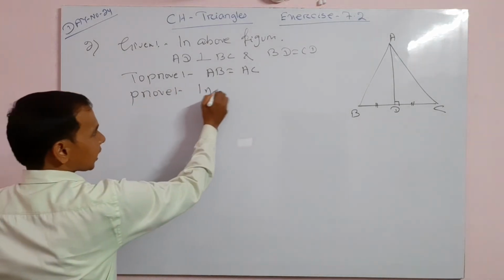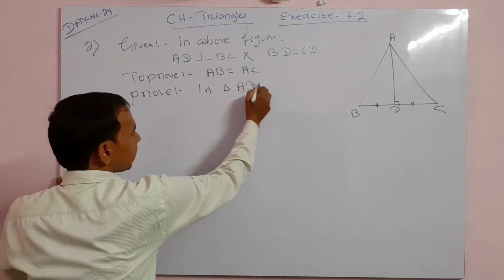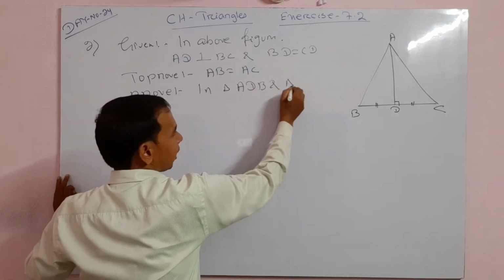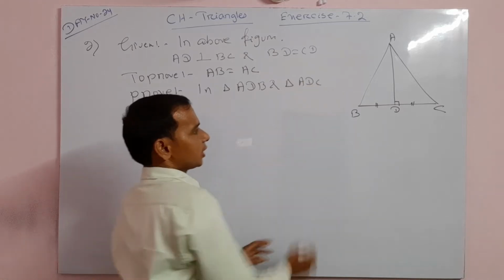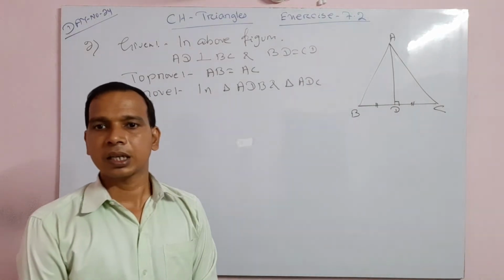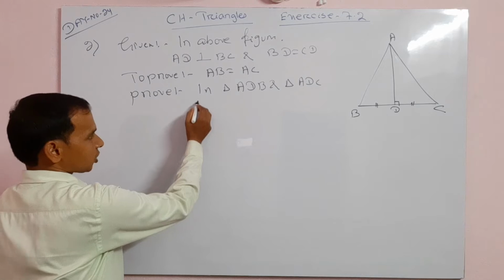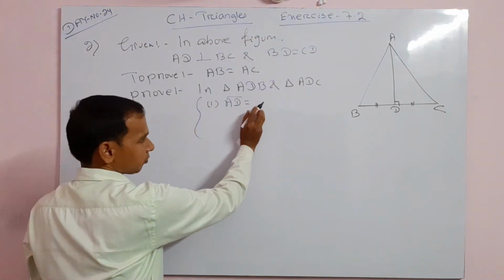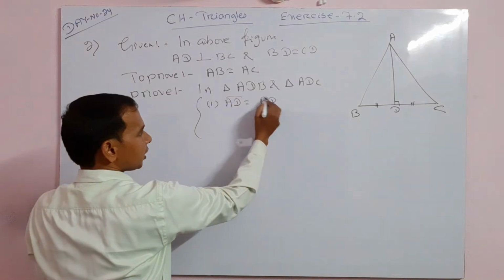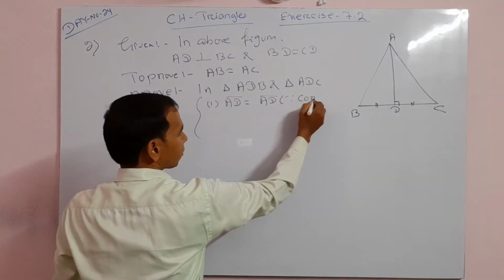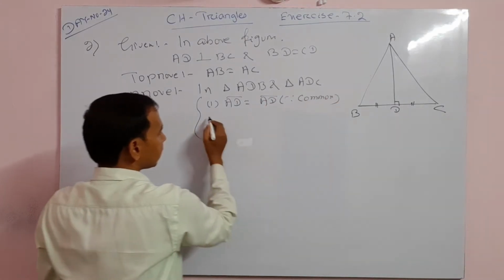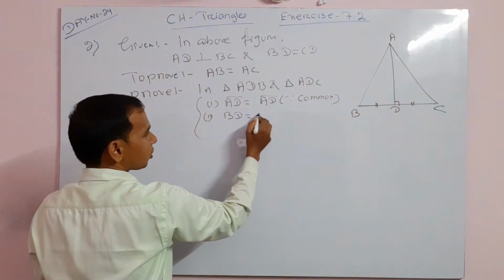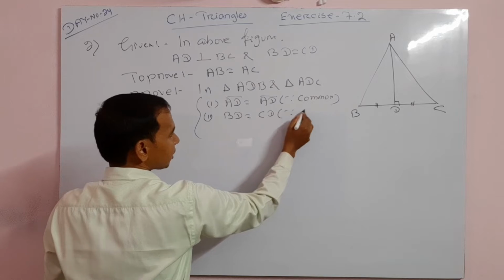Okay. In triangle ADB and triangle ADC. First option, AD is equal with AD because common. Second option, BD is equal with CD because given.